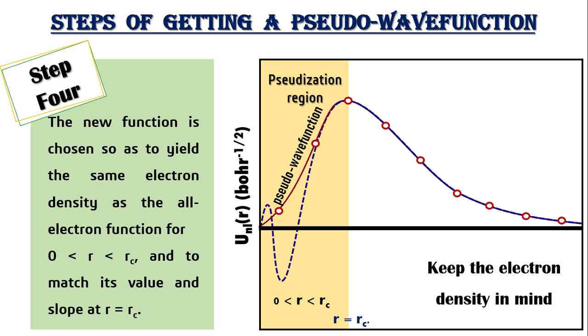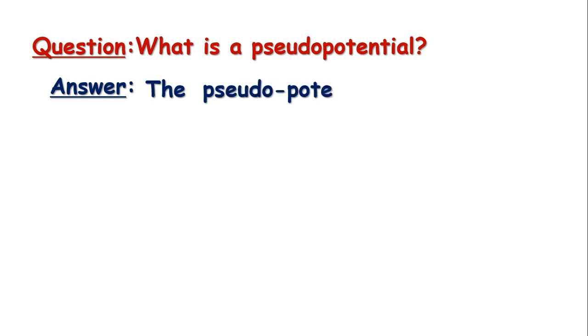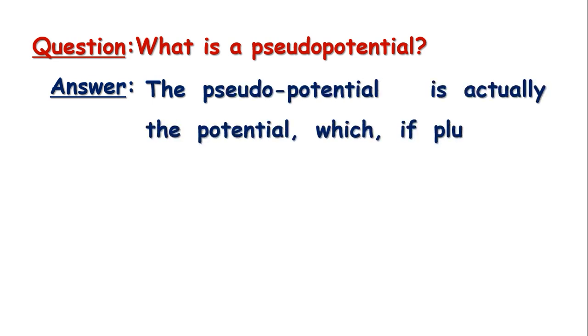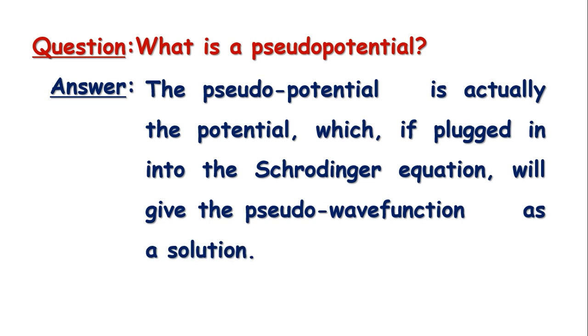But then, what is a pseudopotential? The question still remains, right? The pseudopotential is actually the potential which, if plugged into the Schrodinger equation, will provide the pseudo wave function as a solution. Or simply, the potential associated with the pseudo wave function is called the pseudopotential.